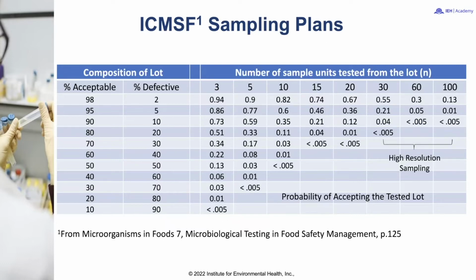So if I look at the top row here, let's say that this lot you have that you're questioning is 98% of the units in it are acceptable, but 2% are contaminated with a pathogen. So what does this table tell you? Let's say you're one of these companies that likes the idea of pulling 3 samples per lot, beginning, middle, and end of the lot.